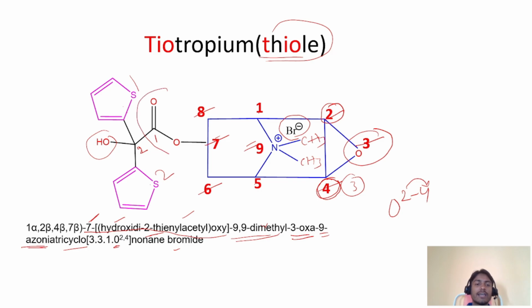This is the acetyl group, we can call it an acetyloxy group, nothing but the oxygen here. So like that, tiotropium bromide: the structure, numbering and IUPAC nomenclature.